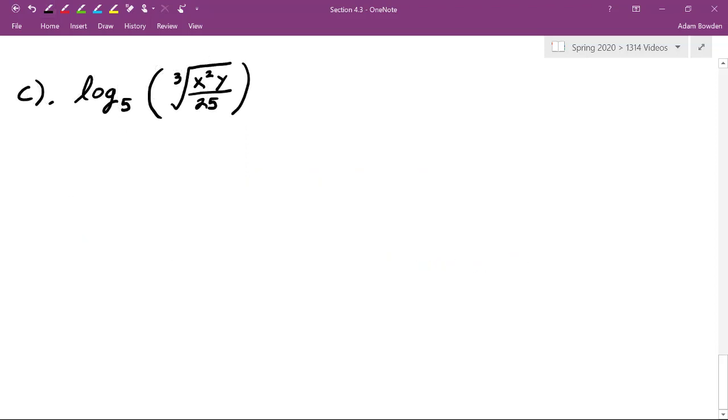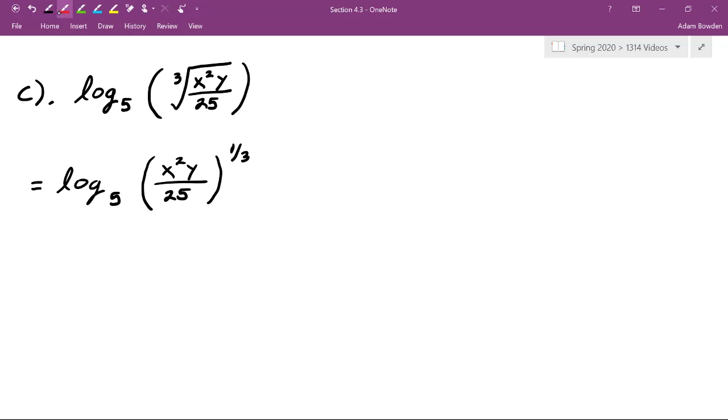Now let's try the log base 5 of the cube root of x squared y divided by 25. So kind of like what we did before, first things first, let's change that into the fraction power for the cube root. So that means I'm going to change this, all raised to the 1/3 power.